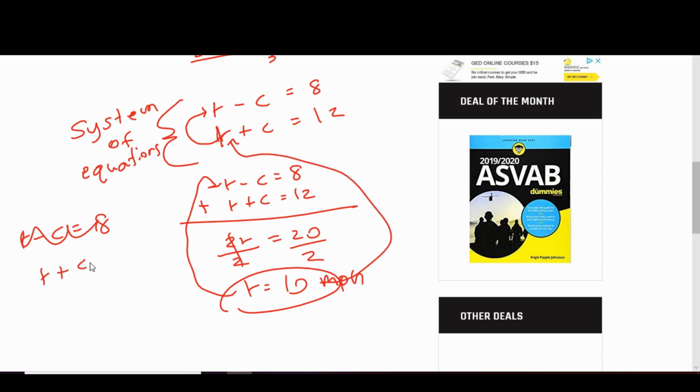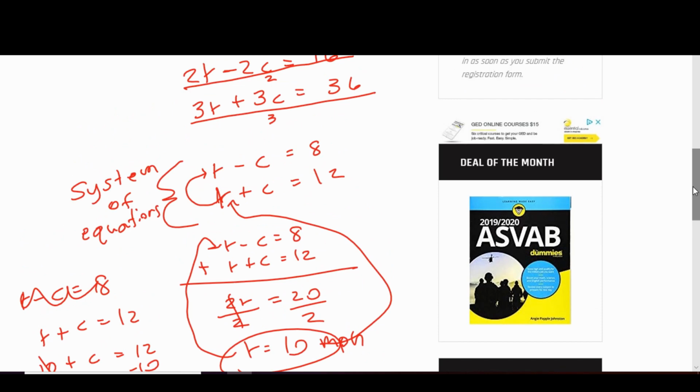R plus C equals 12. We already found our rate. We know it's 10. So 10 plus C equals 12. Subtract 10 from both sides. We're left with C equals 12 minus 10, which is 2. So we know the rate of the boat in still water, and we also know the current speed, which is 2 miles per hour.